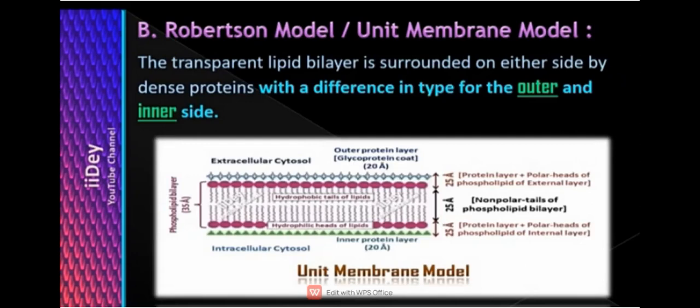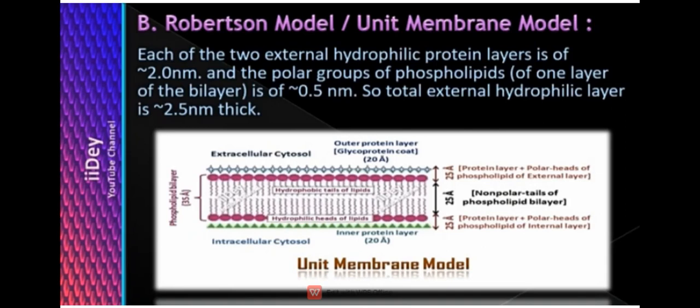So in Robertson's model, this transparent lipid bilayer is surrounded on either side by denser proteins, with a definite difference in the type of outer and inner side. Each of these two external hydrophilic protein layers is 2 nanometers thick, and the polar groups of phospholipids of one layer of the bilayer add about 0.5 nm.